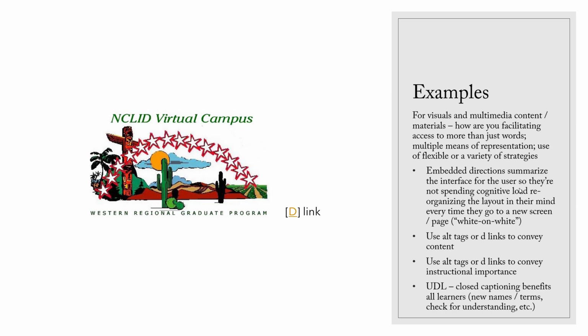So we decided, why don't we aim to reduce the cognitive load by building in what we called white on white, because the web page was white. And so we would have information embedded right there in the page that, before she had to read anything, would say, nothing in this frame will change for this website.